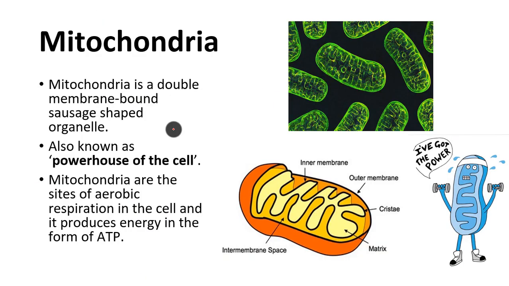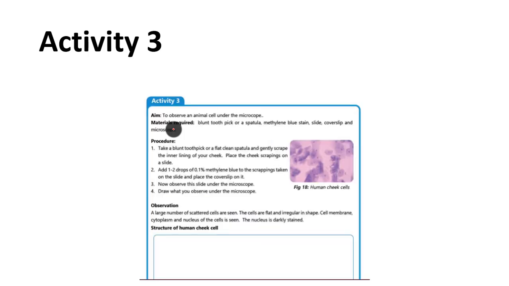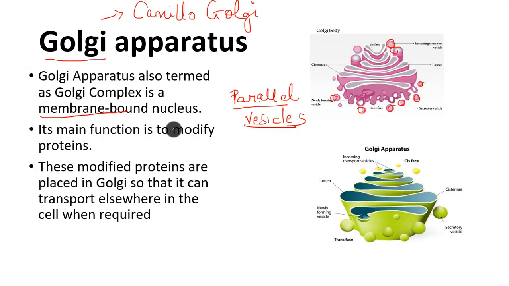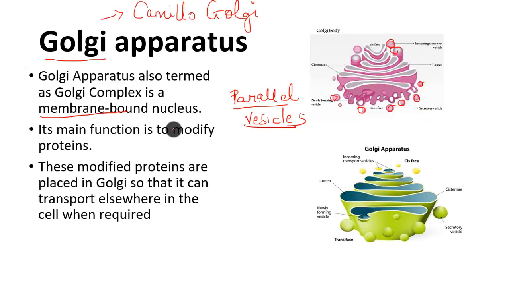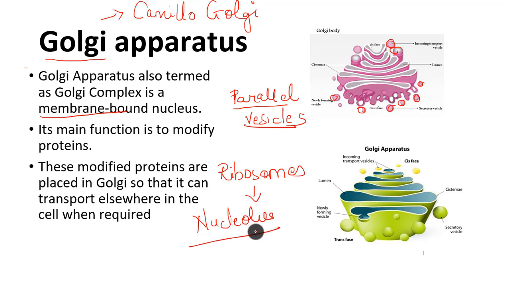When you talk about ribosomes, ribosomes are just small, round structures which, if you remember, are synthesized by the nucleolus. Ribosomes are synthesized by the nucleolus in the nucleus, which we discussed in the last session.